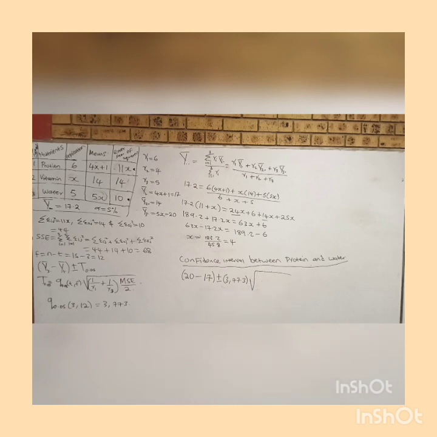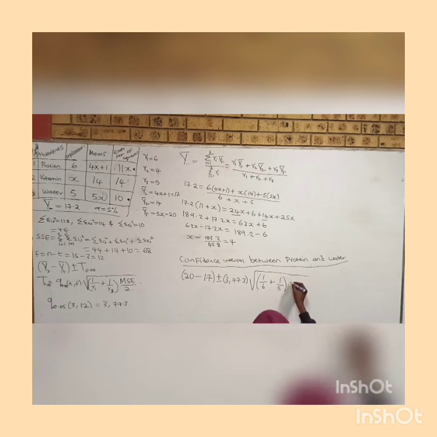Then, as I said, we have 1 over R1, which is 6, so it's 1 over 6 plus, and R3 is 5, so plus 1 over 5.